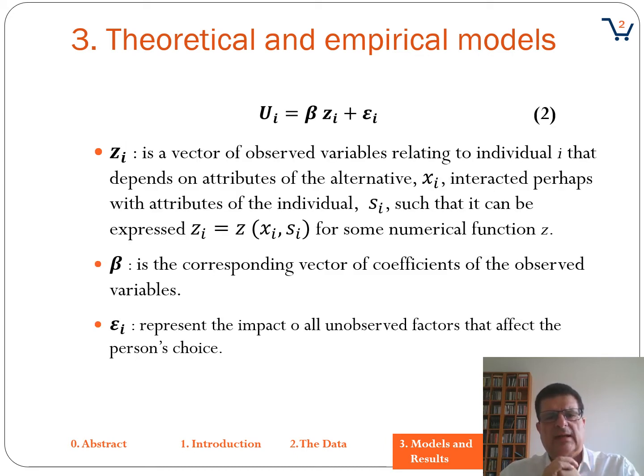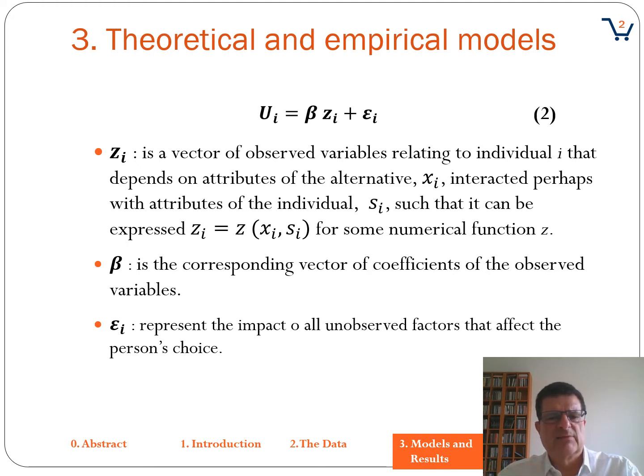Continuing with the theoretical and empirical models, it will be useful to write a utility in terms of beta times z sub i plus epsilon sub i, where the subscript i refers to the individual. So this will go from 1 to 46 million, and in this particular case we would use the sample instead of the whole population because we don't observe the whole population.